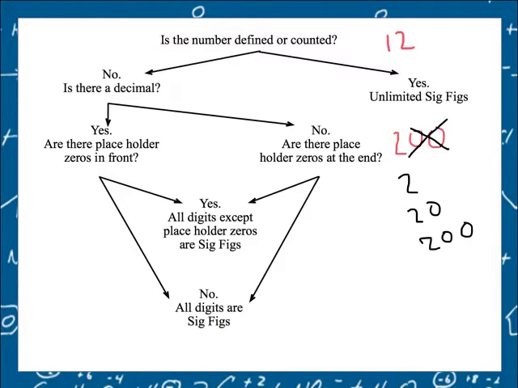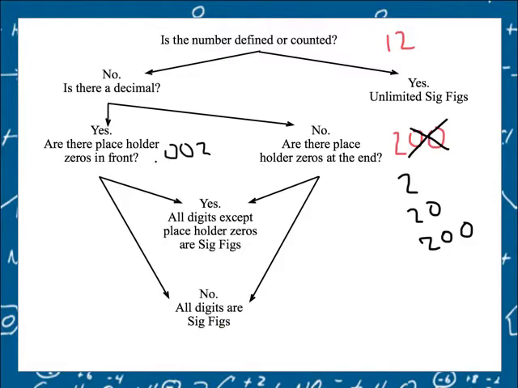All right. Coming back over to our flow chart, is there a decimal? Yes. Are there placeholders in front of it? For instance, these would be placeholders in front. If there are placeholders in the front, again, all digits except the placeholders are significant. If there are not, just like before, all the digits are significant.